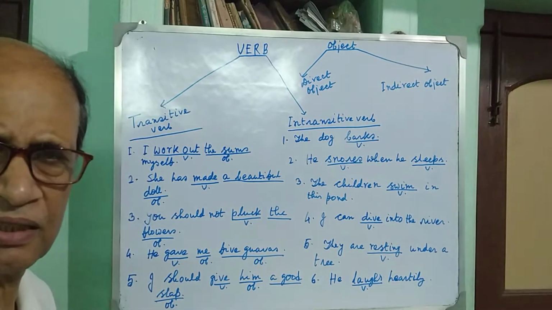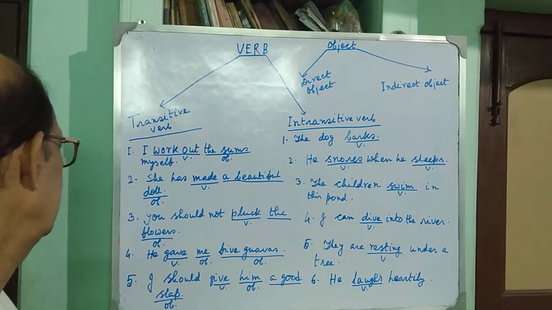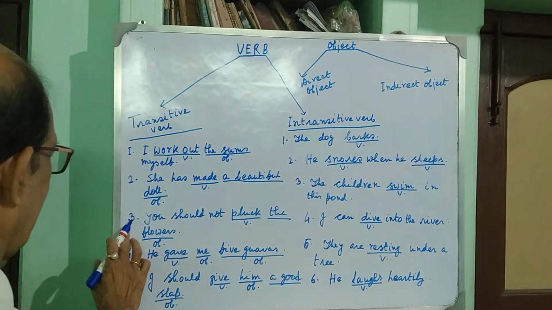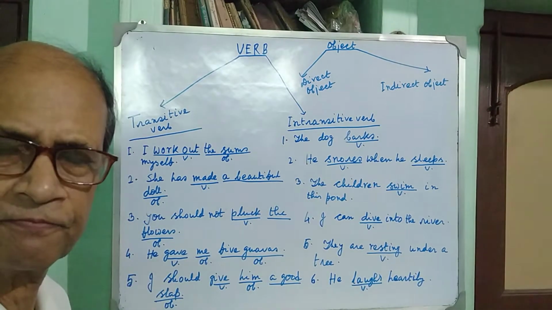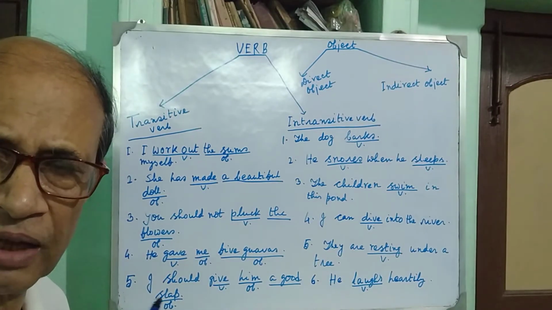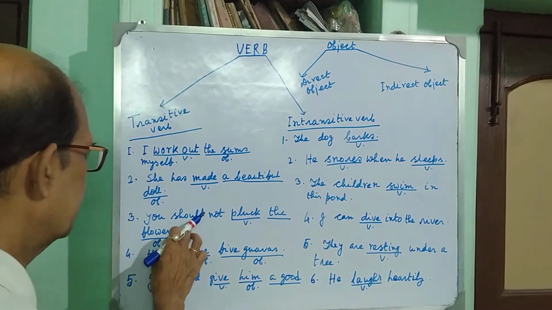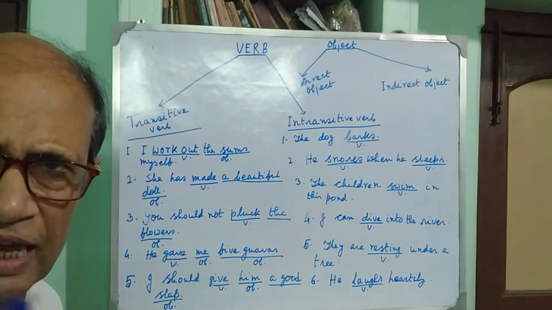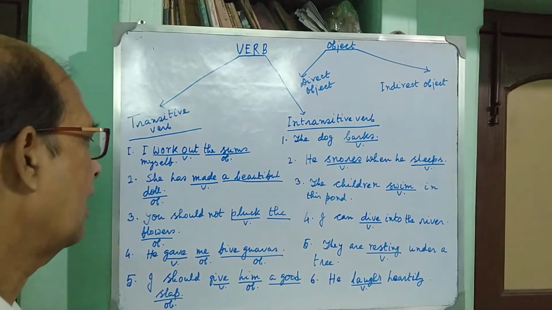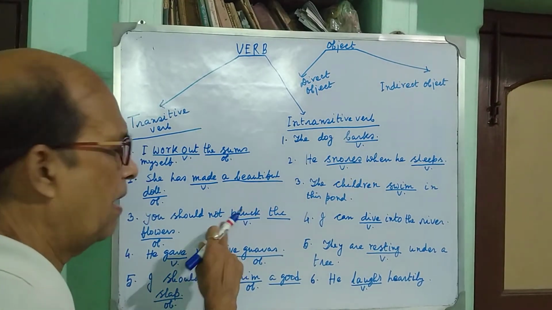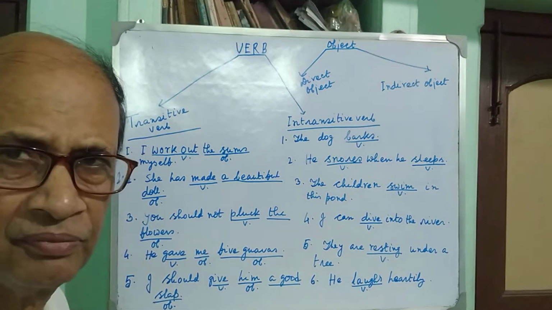My dear boys and girls, now come to the third example. You should not pluck the flowers. Here should is modal, it is auxiliary verb, and pluck is the finite verb. Ask pluck by what or whom?